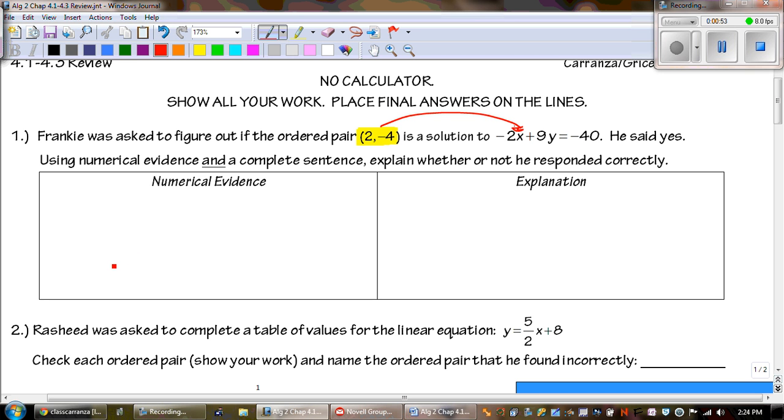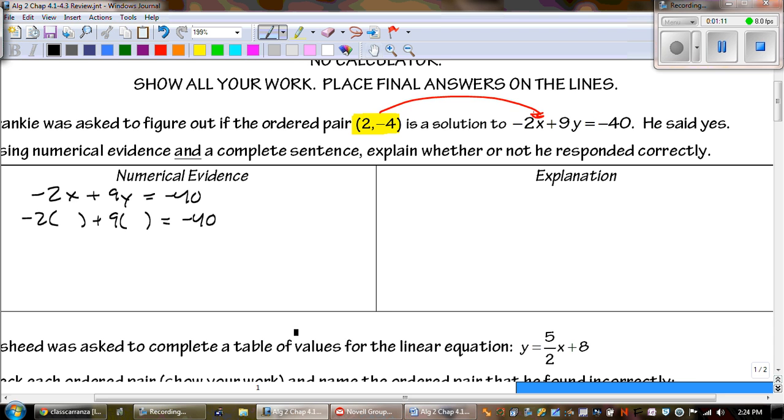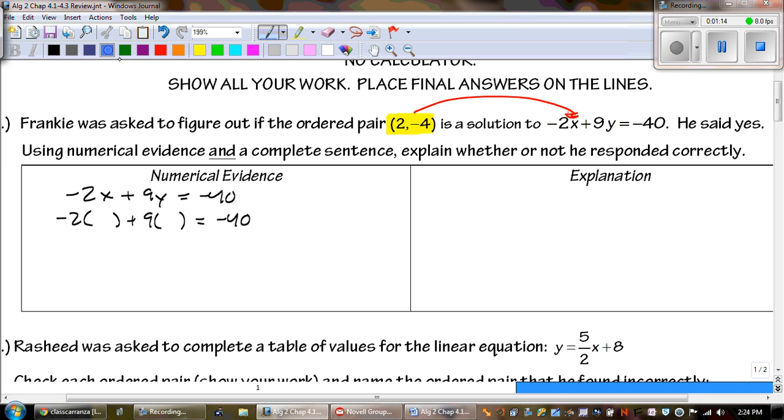So to do that, we're going to take that equation, the -2x plus 9y equals -40, and then we're going to plug in, and we're going to check to see if Frankie was right or wrong. So he said, remember, the first point is the x and the second one is the y.